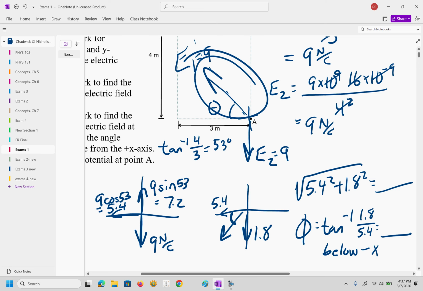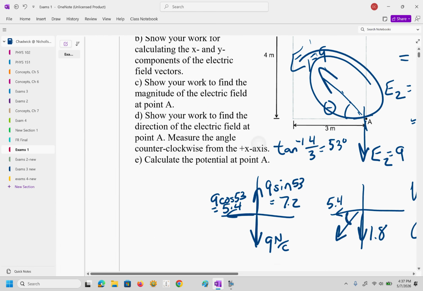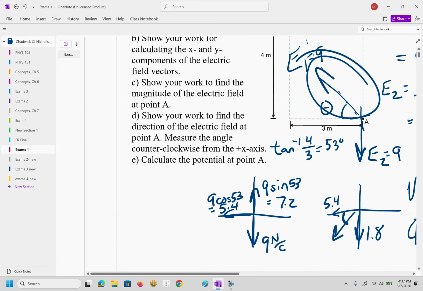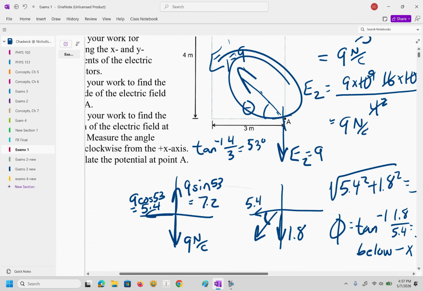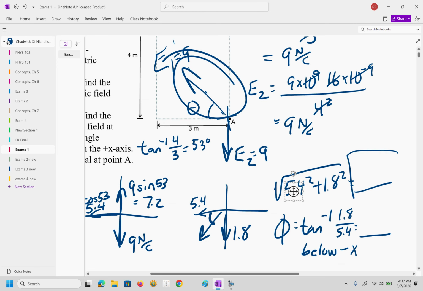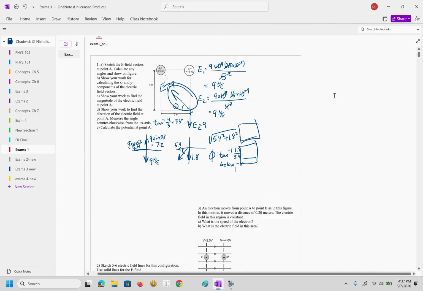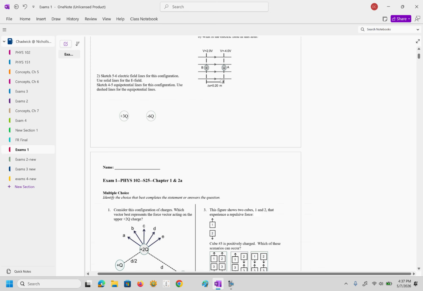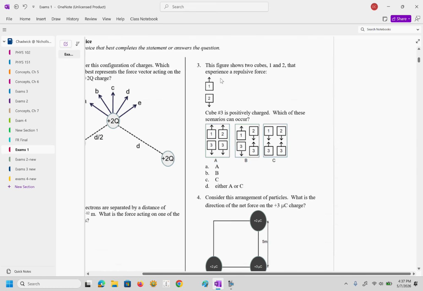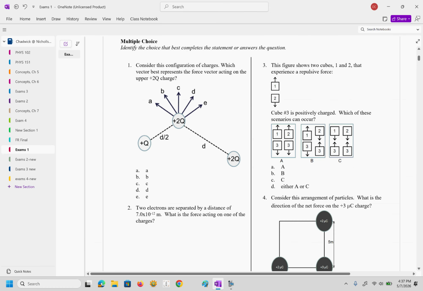So that'll be one question. I'm not going to ask these other things about the potential, but I'll ask those two things. I'll be looking for the magnitude and the angle and the axis that the angle is measured from. You'll also have questions in the exam that have to do with electric field and electric forces, like number 1.